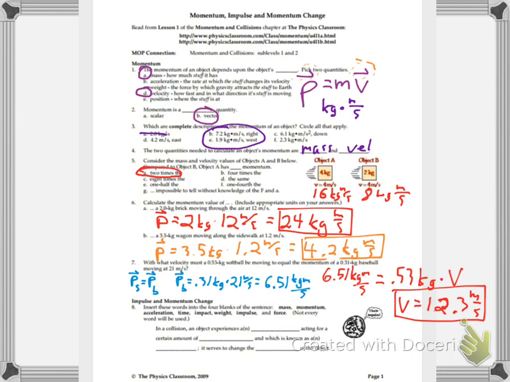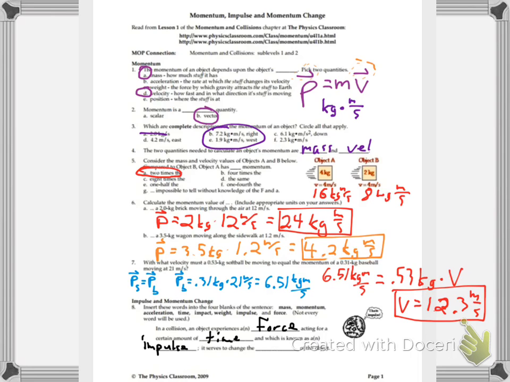Just going into number 8. In a collision, an object will experience a force acting for a certain amount of time. So a force acting for an amount of time is known as an impulse.